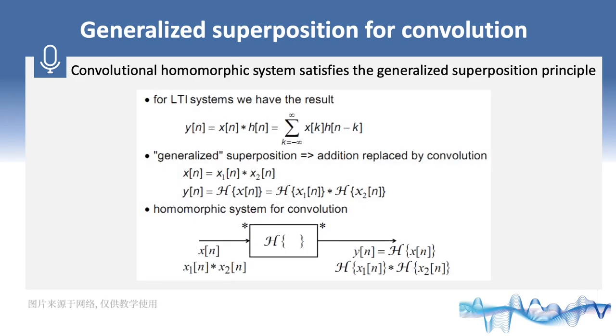Convolutional homomorphic system, or homomorphic system for convolution, refers to a homomorphic system in which the input signal combination and the output signal combination are both convolution operations and obey the generalized superposition theorem.